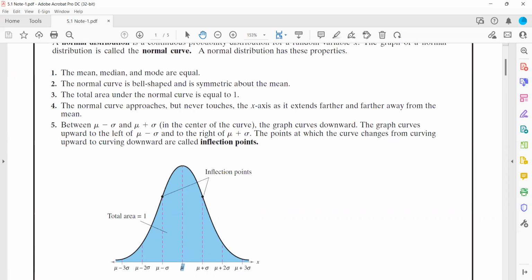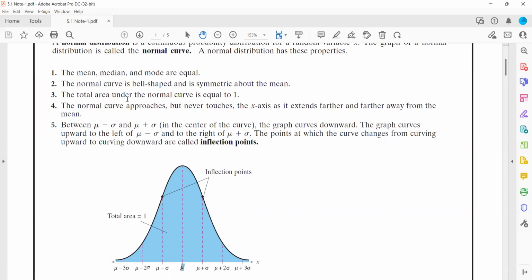This vertical line just shows that the mean is represented down in the center. If I just fold this graph with respect to this dashed vertical line, this area on the right and this area on the left are mirror images of each other. So that's why we say that a normal curve is bell-shaped and symmetric about the mean.